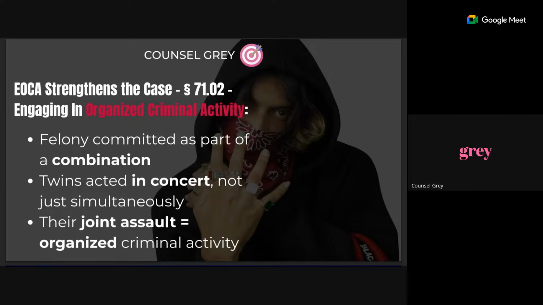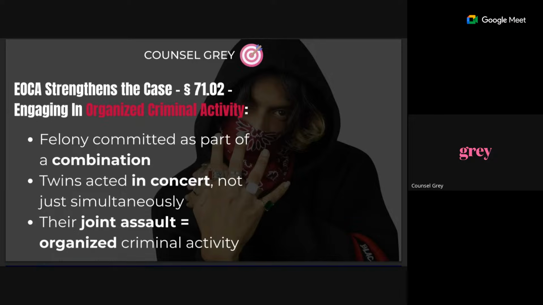And it says they don't have to be in an organized gang, right? Like they don't have to be MS-13 or Crips or Bloods or whatever the gangs are. They don't both have to be in that. The fact that 2 people acted in concert is enough to activate this enhancement on the behavior, right?